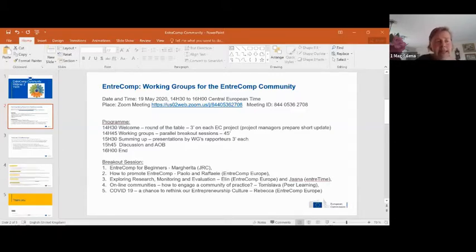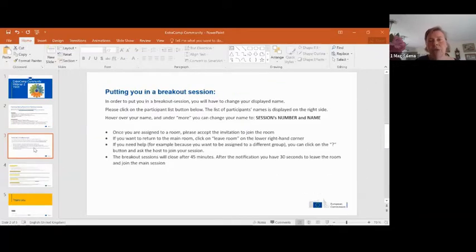Now please take note of the next slide, because this is a technical issue which I hope you understand and will follow. In order to put you into these working groups, we need you right now to go to the participant list, which is on your right side. Once you see the list, hover with your mouse over your name and change your name into the following sequence.